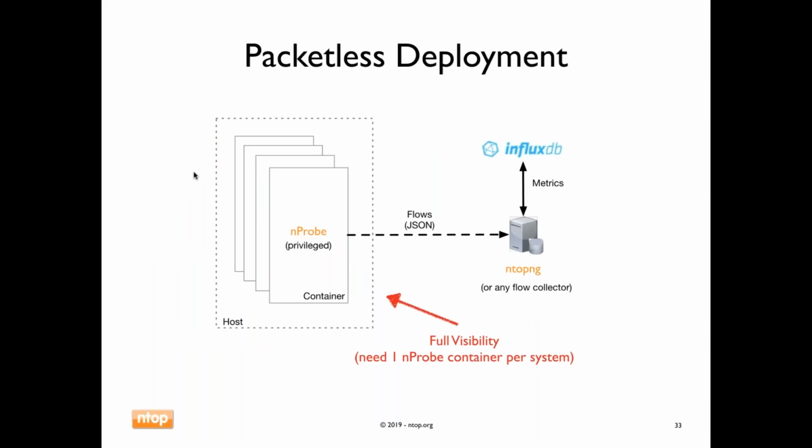And the third way of deploying it is in a fully packetless environment. In essence, you install nProbe mini in a privileged container into your system that is then able to monitor all the containers running on the same host. This nProbe mini will deliver JSON flows to ntopng, which stores them into Influx as metrics, so that you can see exactly the same information that I showed you before with packets, but in a very lightweight version.